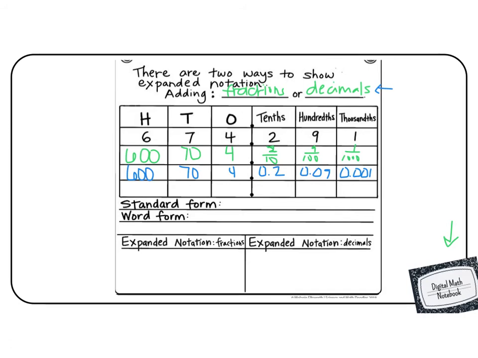This number in standard form would be 674 and 291 thousandths. I'll write it in word form as well. That would be 674 and 291 thousandths.